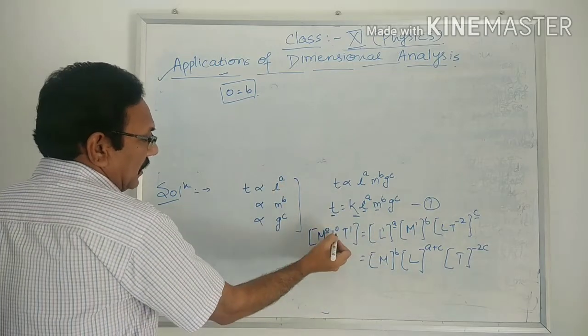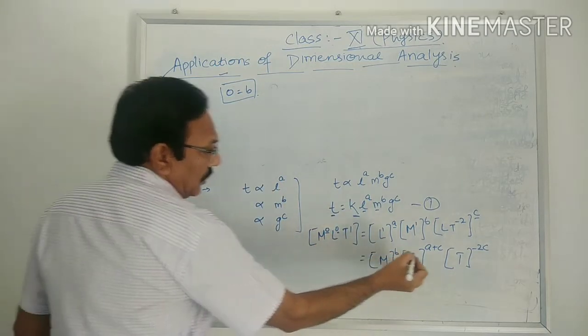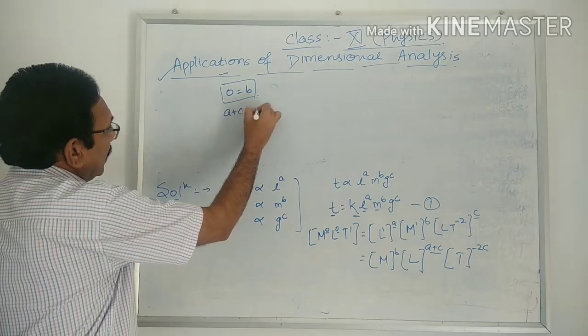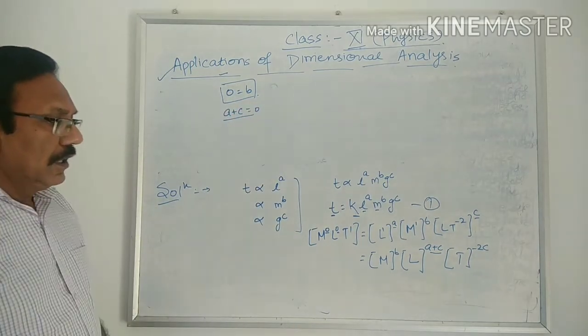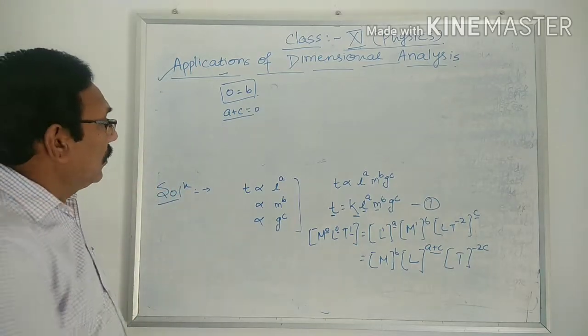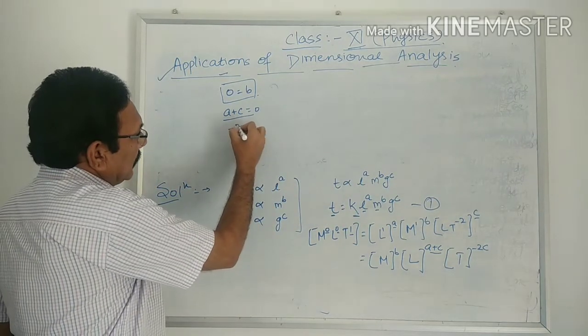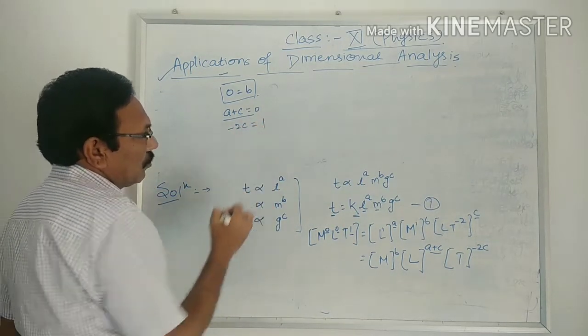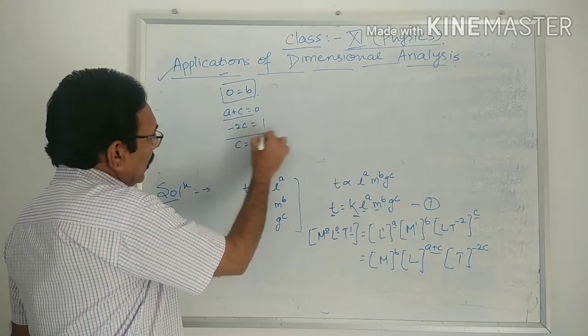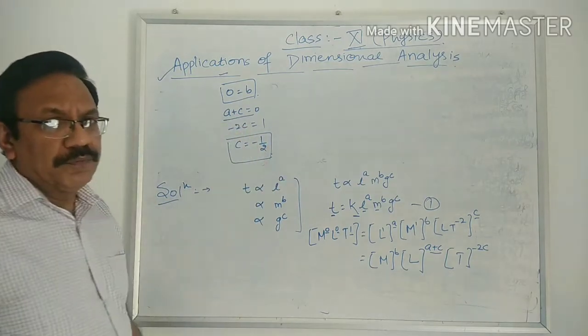In the second expression, the power of L on the left is 0, and on the right it is A plus C. So A plus C equals 0. And finally, the dimension of time on the left hand side is 1, and on the right it is minus 2C. Minus 2C equals 1. So C equals minus 1 upon 2.